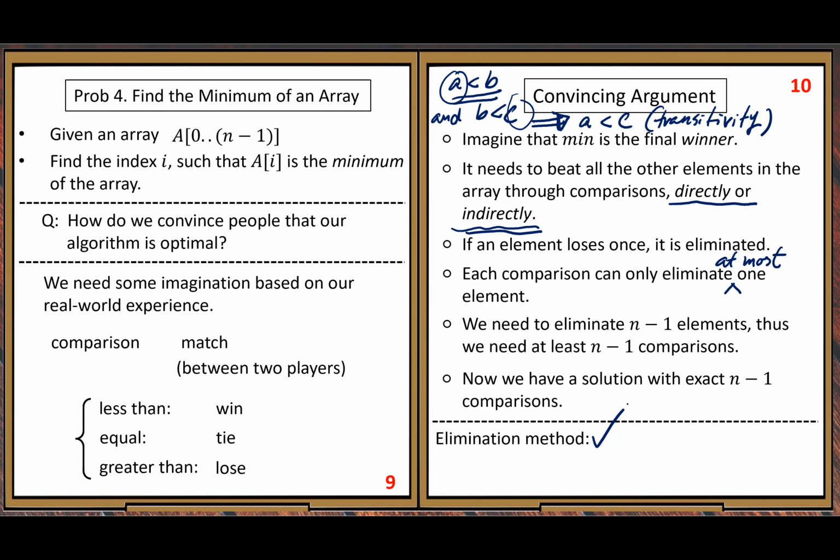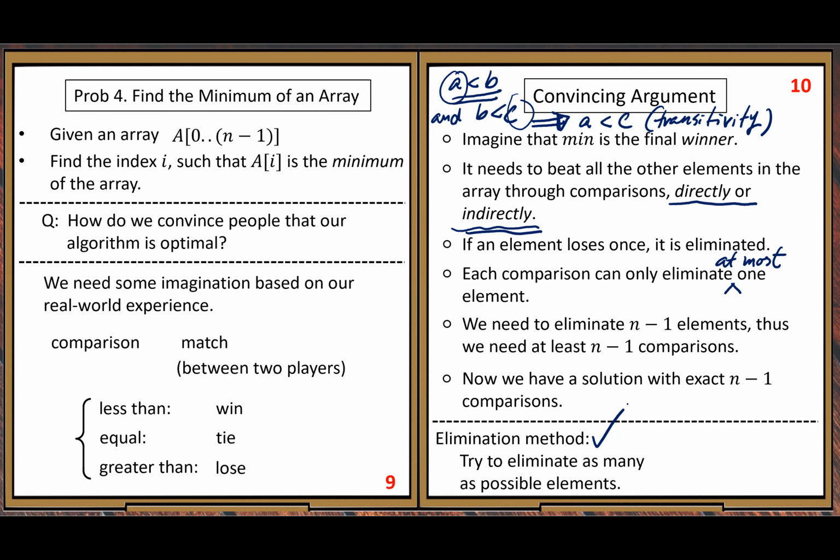The first time we use this method here, the elimination method. So what's that? Try to eliminate as many elements as possible. Because when you do analysis, after some comparisons, here we mainly use comparisons, after a certain number of comparisons, we notice that some of the elements cannot be the candidates for some goal.